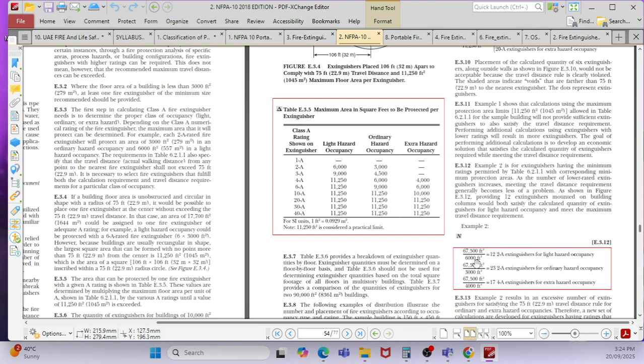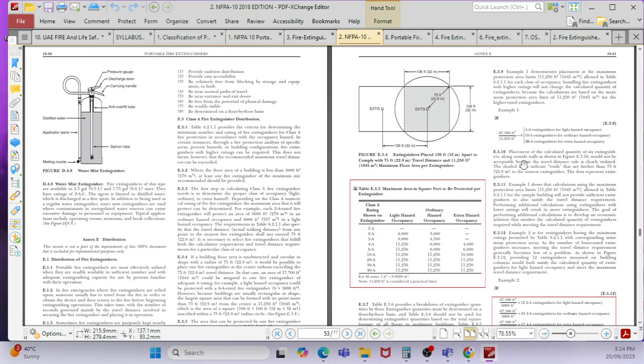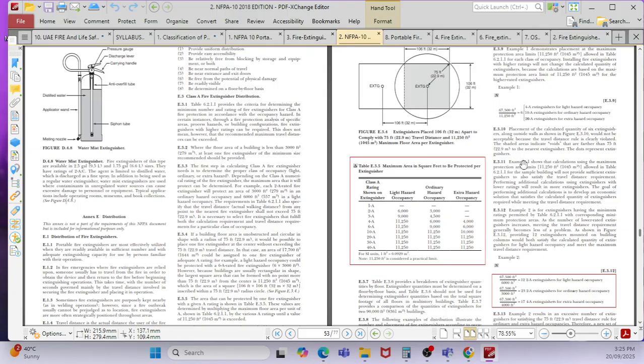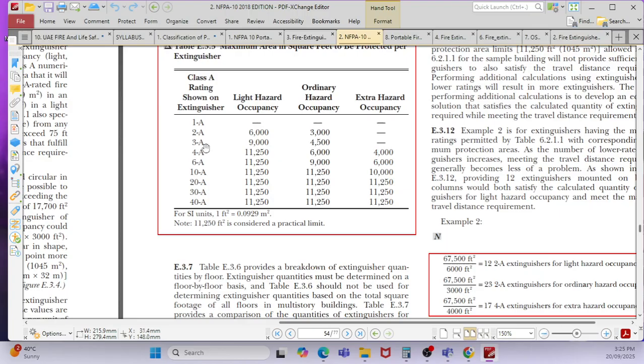Okay, there is another example. If you are using 2A, the 2A coverage is up to 6,000 square feet, right?